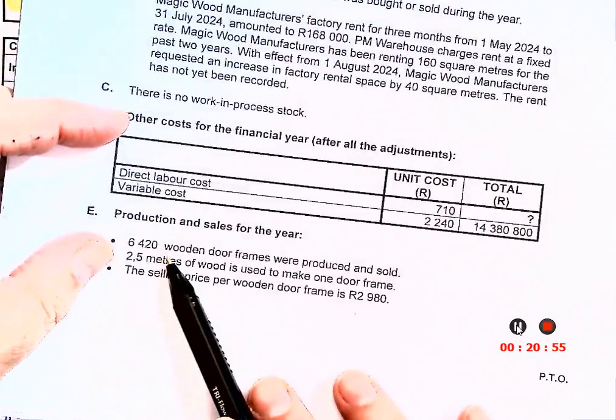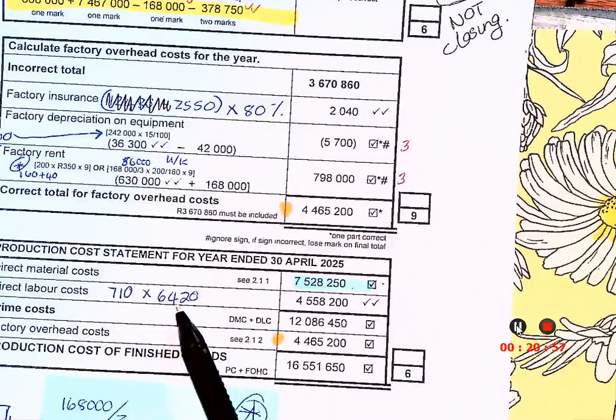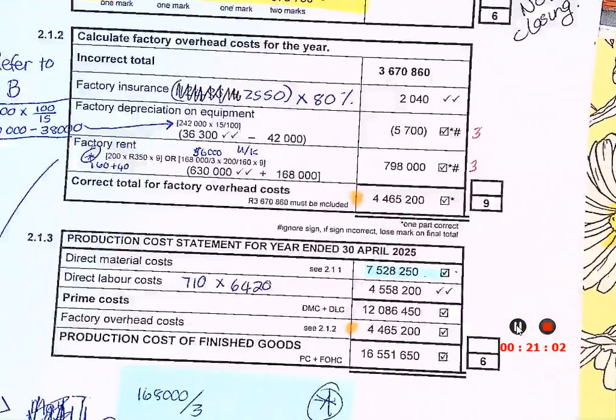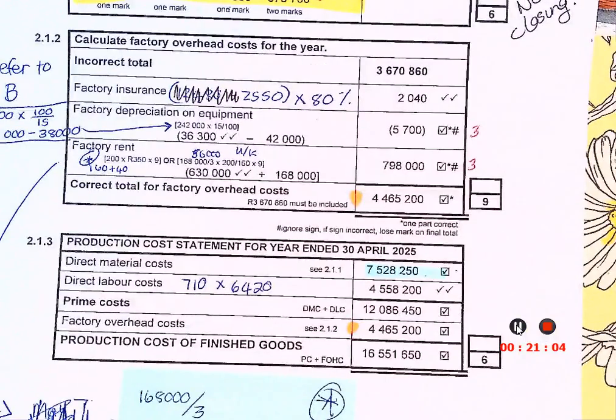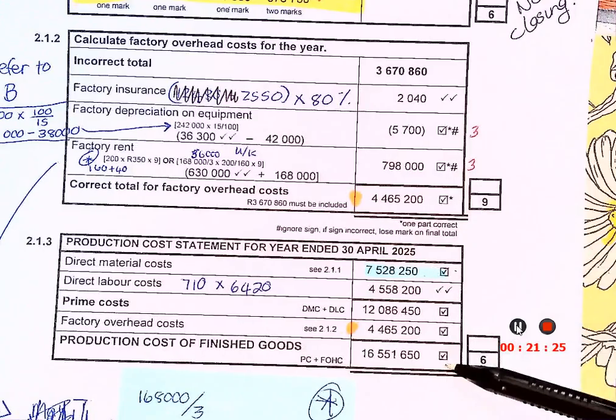Times 6,420, the amount of tables? Yes. Because what is unit cost? Unit cost is not how much we pay the people per day or the total salaries. Unit cost for labor is how much it costs me per item in terms of labor. Most of you got that right also. And then the factory overheads, you just had to transfer, and then you get a total.